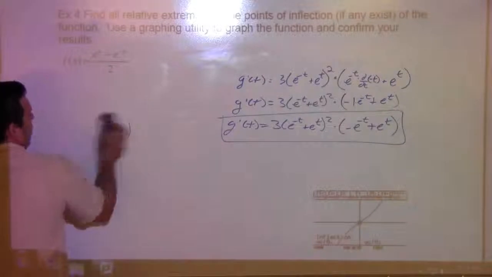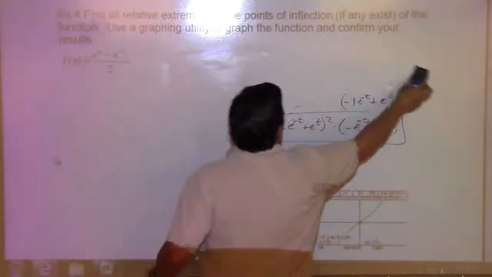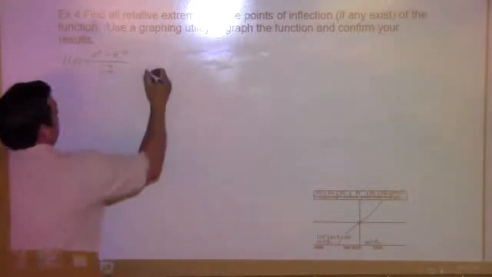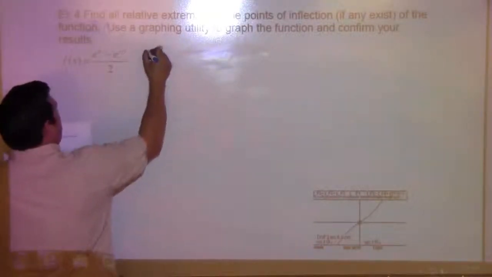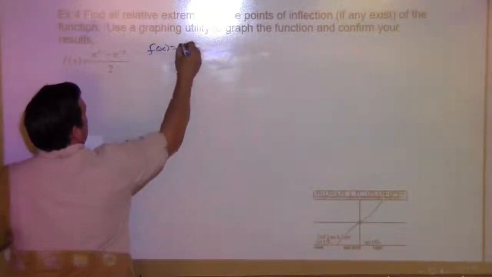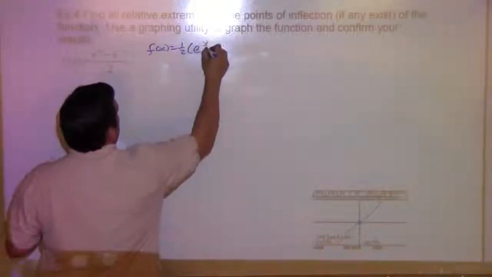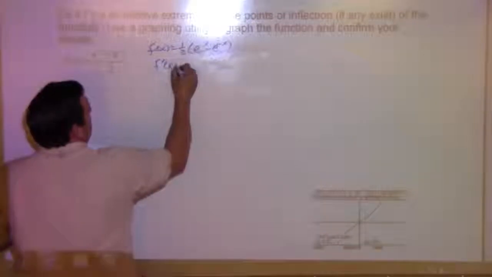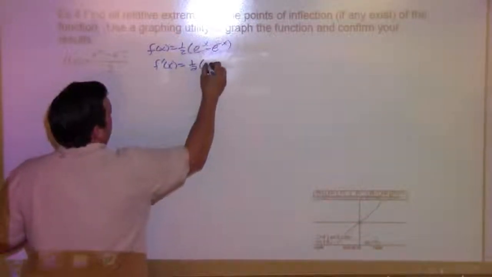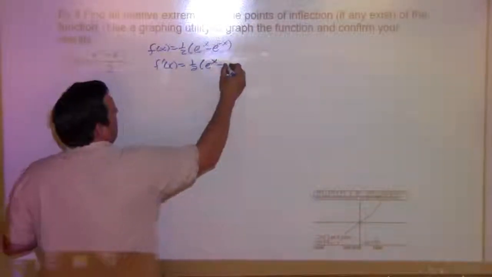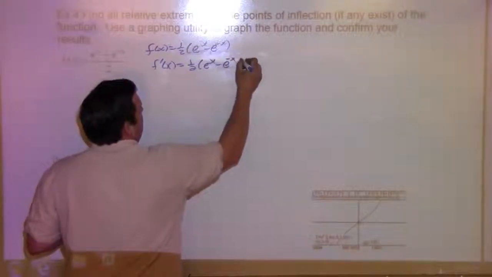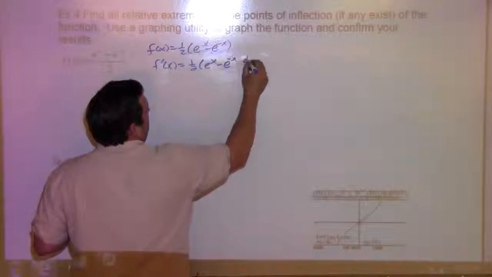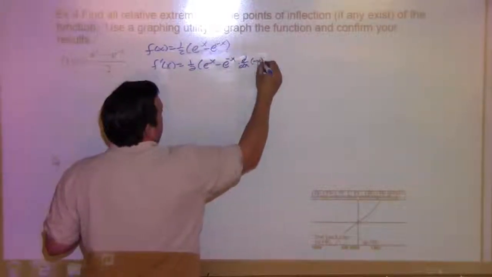So we're going to look for the derivative here first, and then the second derivative. So you can look at this as f of x equals 1/2 times e to the x minus e to the negative x. So f prime of x is going to be 1/2 times e to the x minus e to the negative x times the derivative with respect to x of negative x.